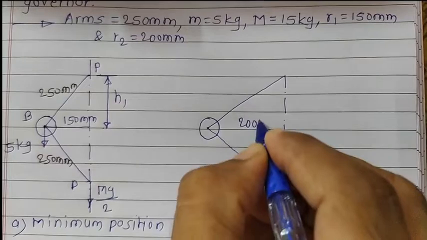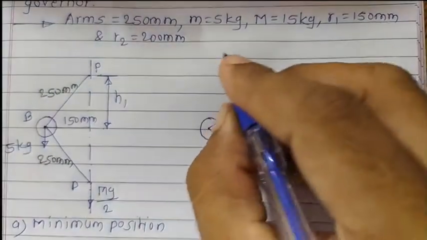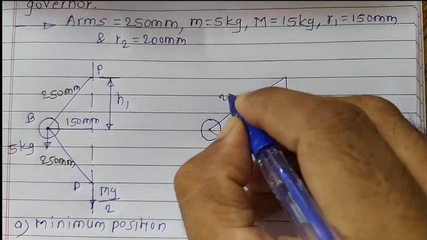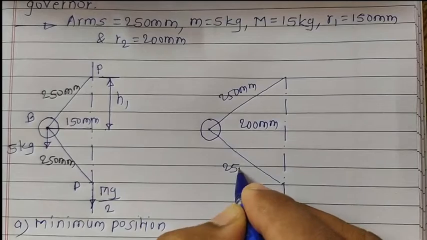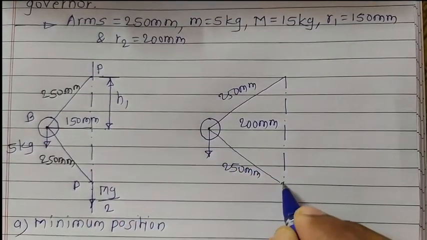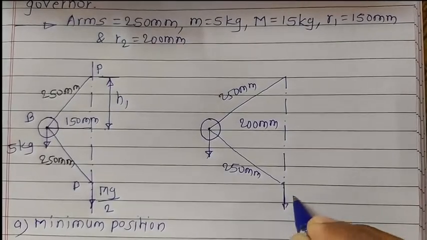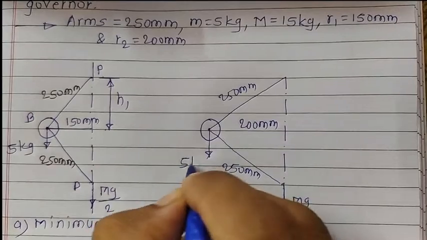So this one is given 200 mm. The length of the arms will remain as it is. The weight of the central load as well as the fly ball will remain as it is.